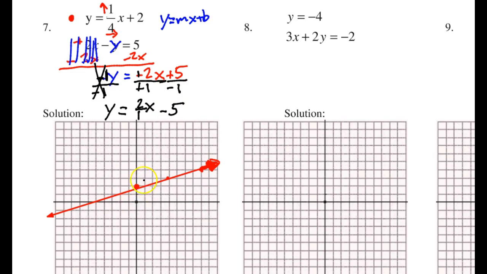Alright, so let's graph this one. Start at 0. 1, 2, 3, 4, 5. Up 2 over 1. Do that a few times, and you can see you might end up crossing the line at some point. Good. That's your answer. But still, make sure you use that straight edge.